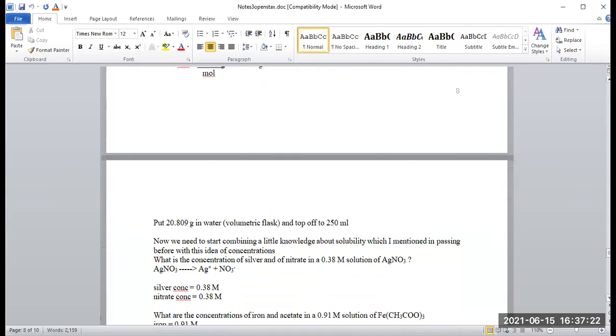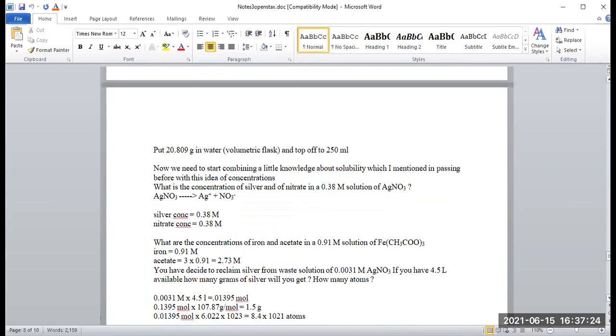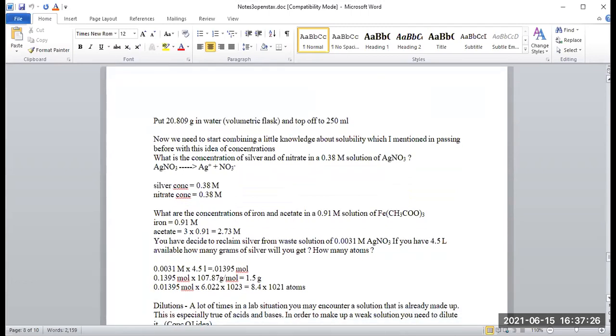So if we are making solutions, we also need to think about what that means in terms of possibly ions. So the ions that we put together in order to make molecules, which we then named, we can also tear apart. I picked on silver nitrate as a fairly straightforward one.